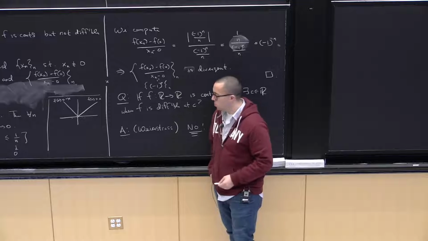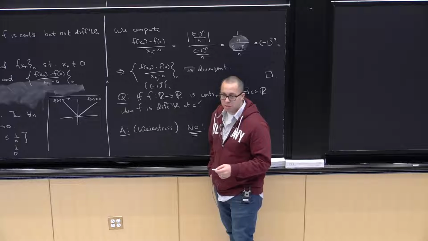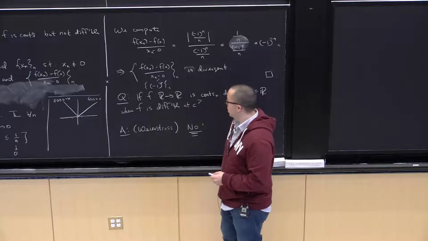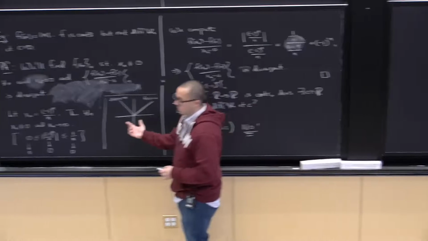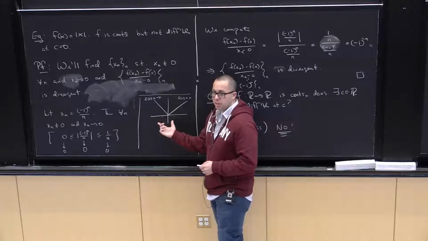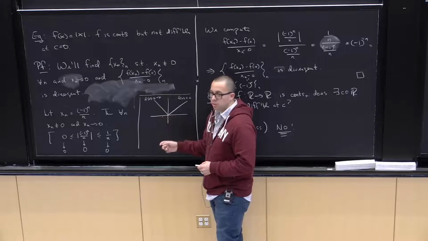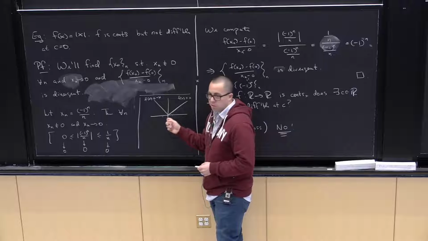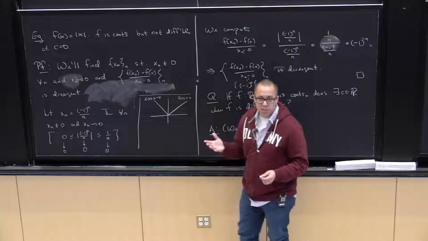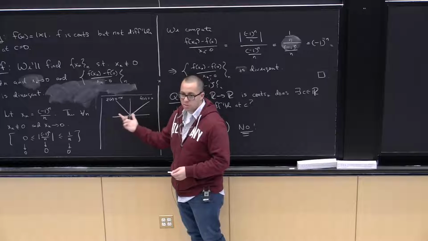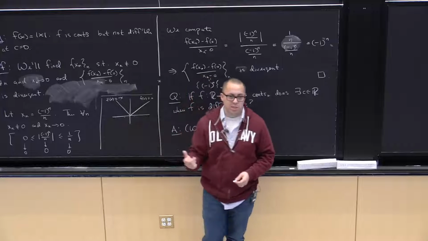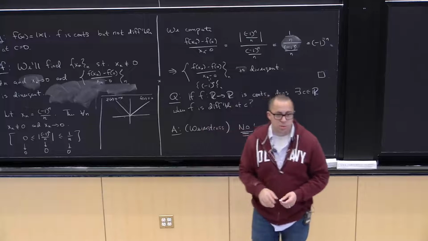This is not a completely crazy question to ask. For example, let's go back to f of x equals the absolute value of x. This function is differentiable everywhere except 0. So there are lots of points where this function is differentiable, for c positive and c negative. So for this continuous function, there do exist points where it's differentiable.